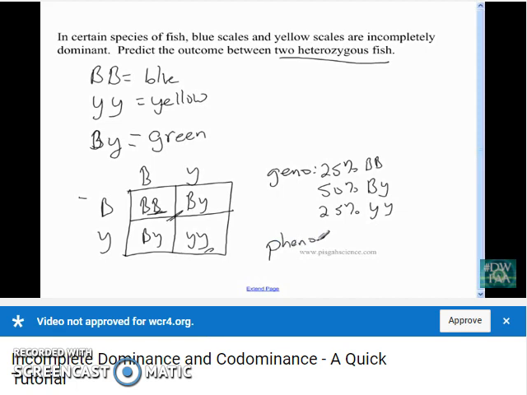Now we come down to phenotype. This one, according to our key, is blue. So 25% of them is going to be blue. Two of them are BY, which our key tells us is going to be green. One of them is YY, which our key tells us is going to be yellow.